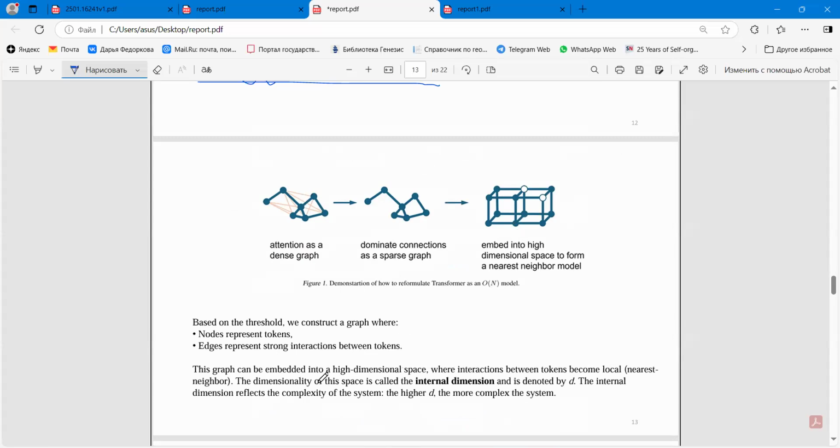This graph can be embedded into a high-dimensional space where interactions between tokens become local, nearest neighbor, and the dimensionality of this space is called the internal dimension and is denoted by D. The internal dimension reflects the complexity of the system. The higher D is, the more complex the system.